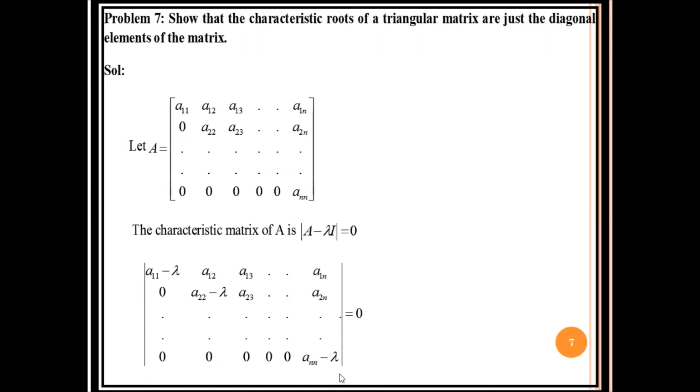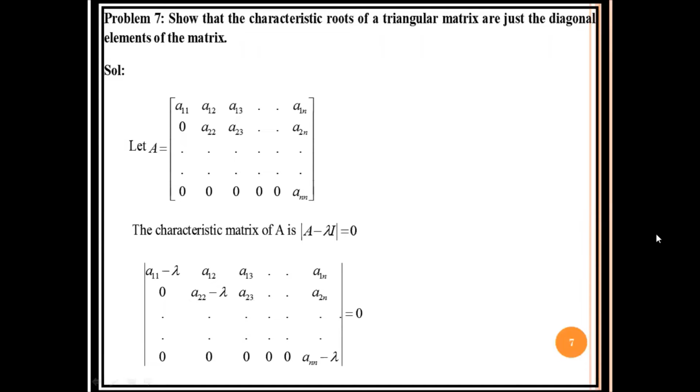Then after that, in this determinant, take the first element of the first row, first element of the first column, take it as a common again. That is a22 minus lambda is a common. Already we have a11 minus lambda there. So a11 minus lambda into a22 minus lambda into the remaining matrix. Again, these are non-zero, these are zeros. Again, this is also equal to the inner matrix.